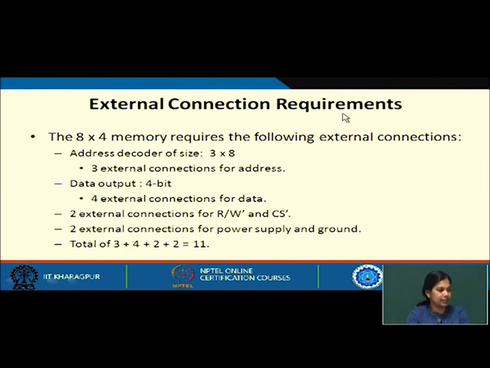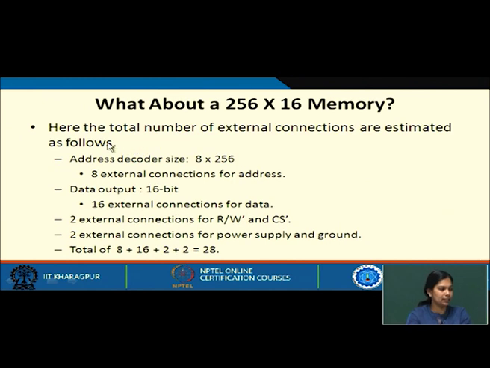So, the external connection requirements for this 8 cross 4 memory are 3 for address, 4 for the data, because in each row there are 4 bits, 2 for read/write and chip select, and 2 for power supply and ground. So, a total of 3 plus 4 plus 2 plus 2, that is 11, is required for this 8 cross 4 memory chip.